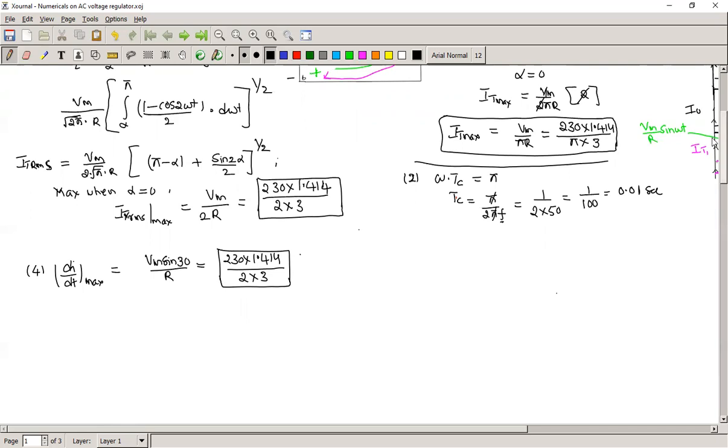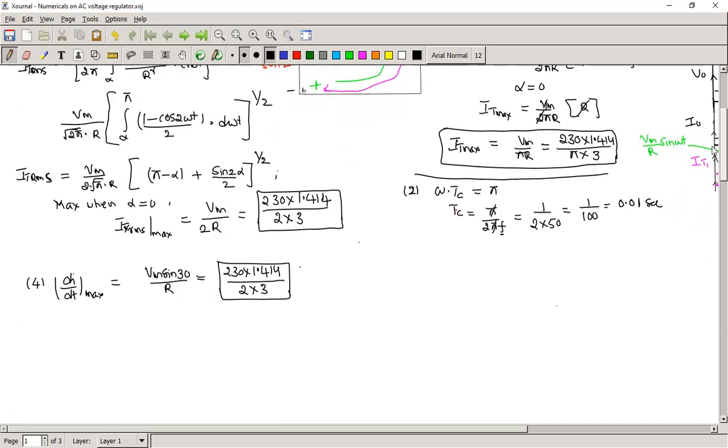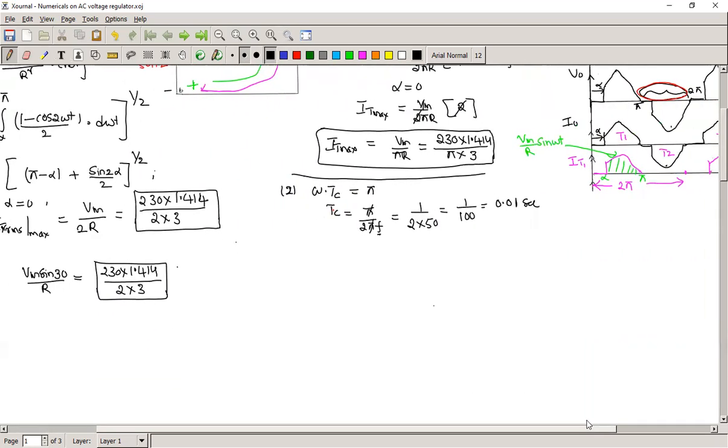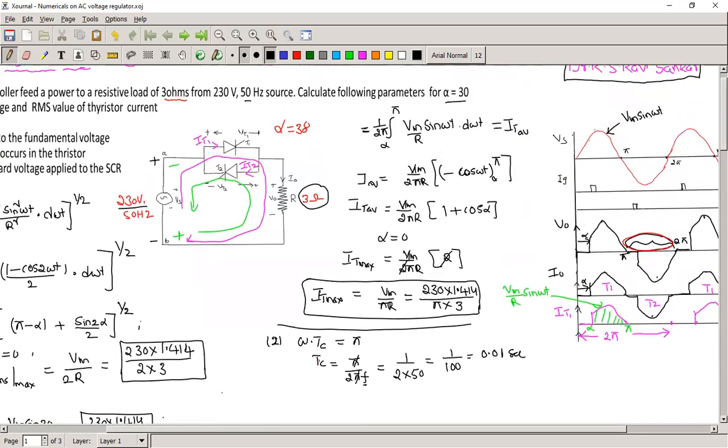The next bit is, what is the greatest forward voltage applied to the SCR? Greatest forward voltage, the highest, during the forward direction, how much is the voltage applied to the SCR? Maximum. See, from 0 to pi, T1 is forward biased. Till we apply the triggering voltage, it is in the forward blocking state.